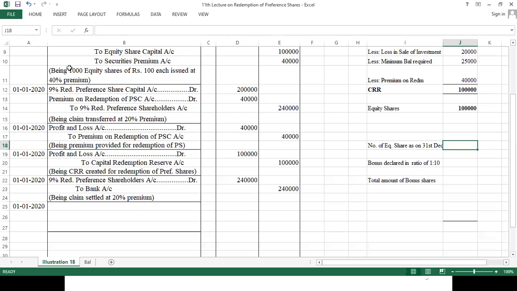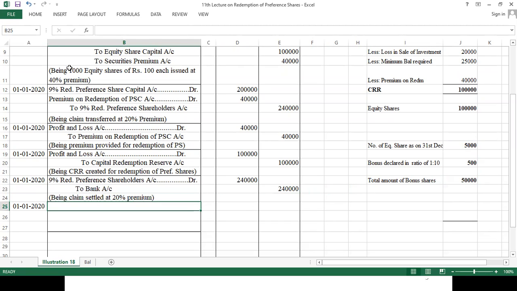So here we are going to write 5,000, and bonus declared in the ratio of 1:10. So this 5,000 divided by 10 comes to 500. So total amount of bonus shares that can be utilized from CRR account is 500 multiplied by 10 comes to 50,000.